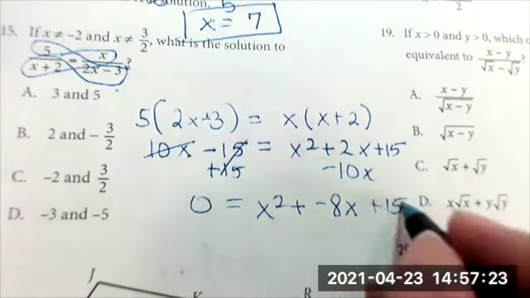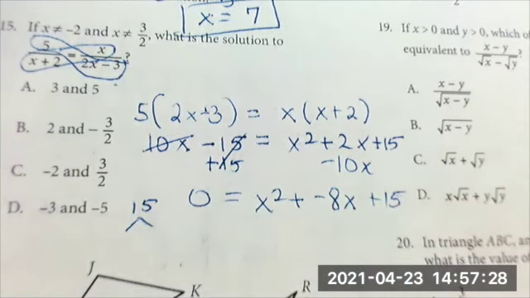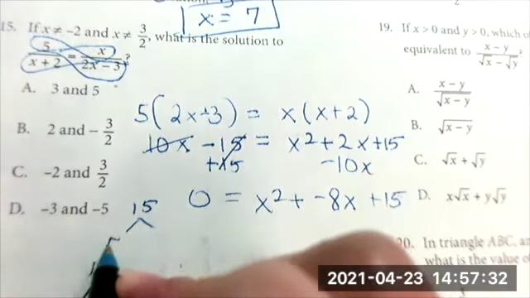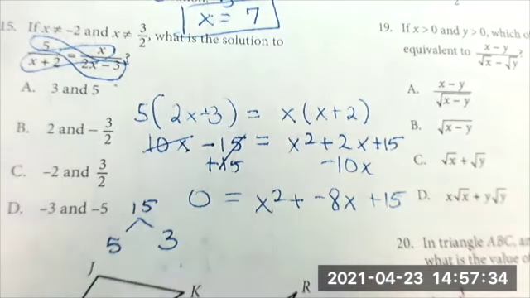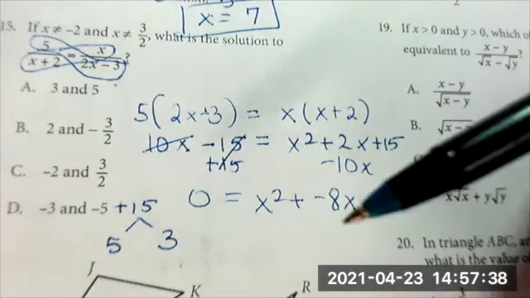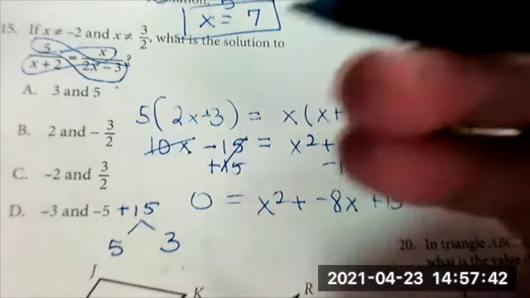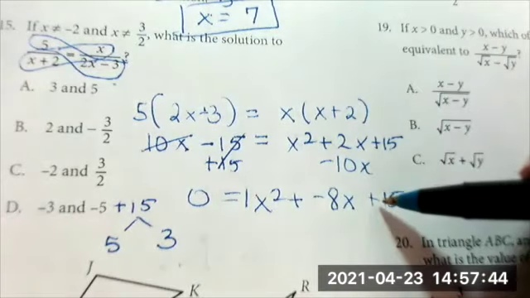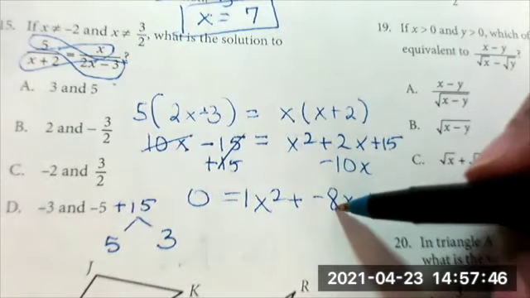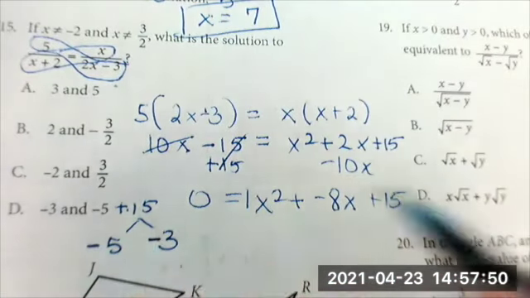Factors of 15 that give you 8 when you subtract them, which are 5 times 3. Sorry, I said subtract. Factors of 15 that give you 8 when you add them. So negative 5, negative 3.